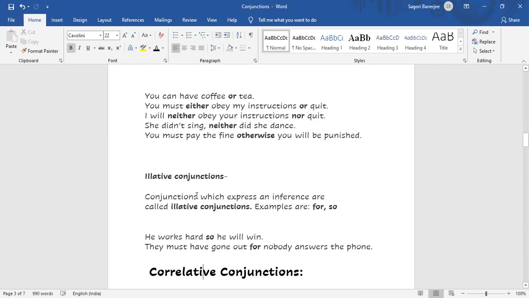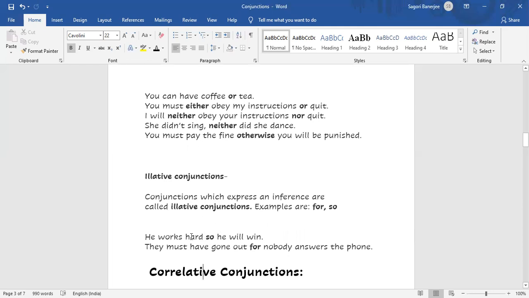Okay, coming to illative conjunction. What is illative conjunction? Conjunctions which express an inference. Inference, you know, is a type of reason. Those which show reason are called illative. Example for so. If I read the examples, you will understand it in a better way. He works hard. He will win. Joined with so.